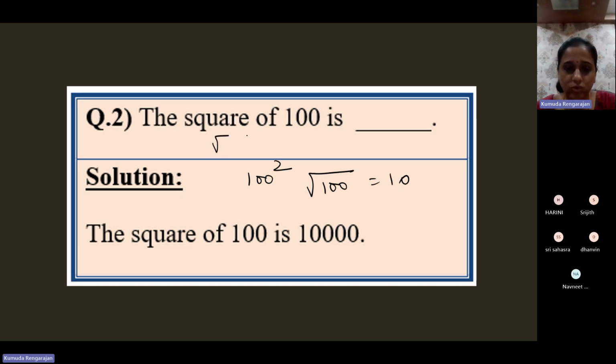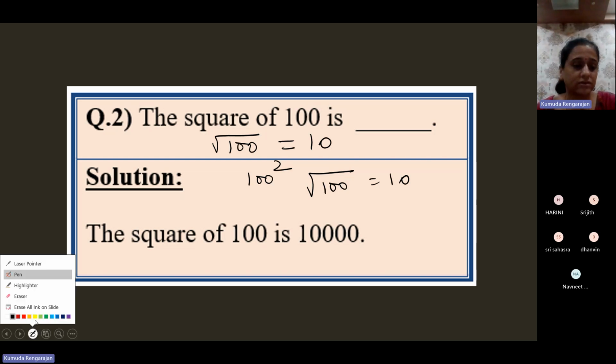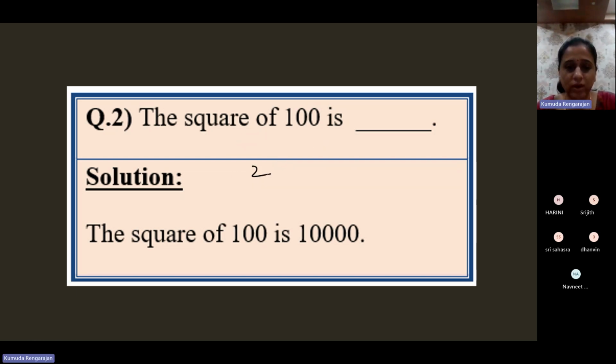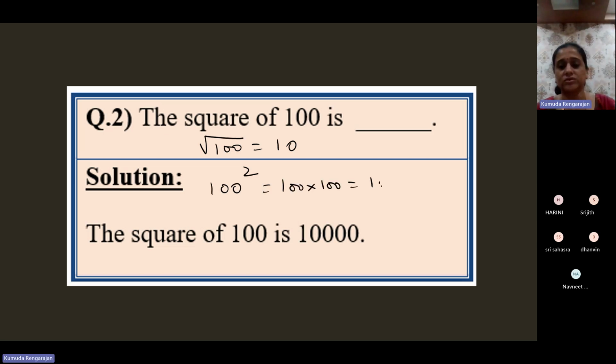The square of 100 is 100 into 100, which is 10,000.